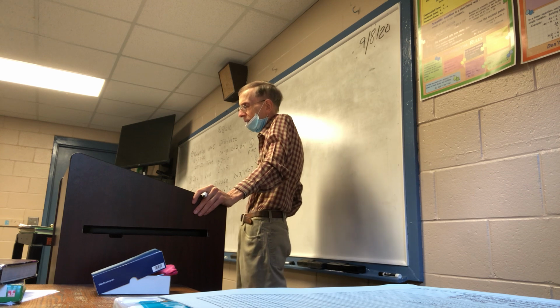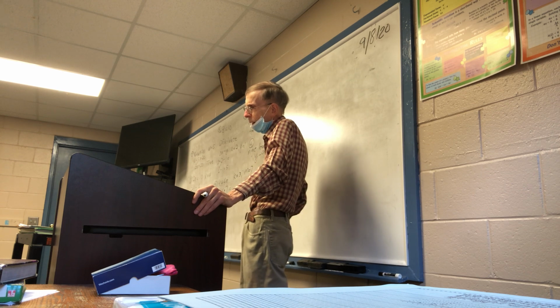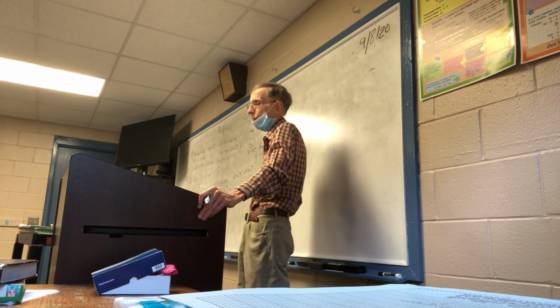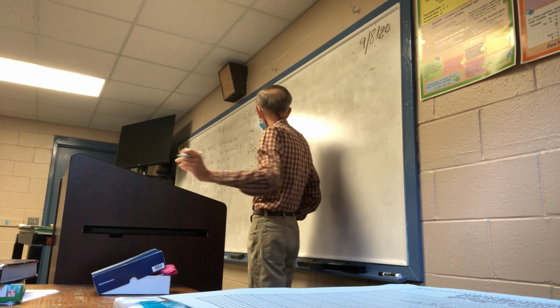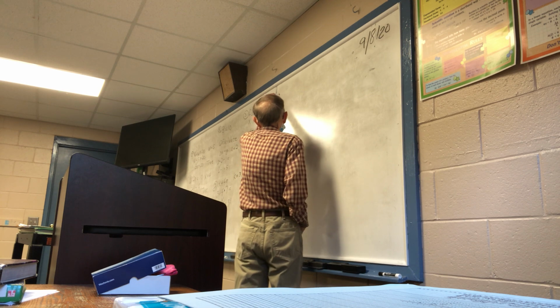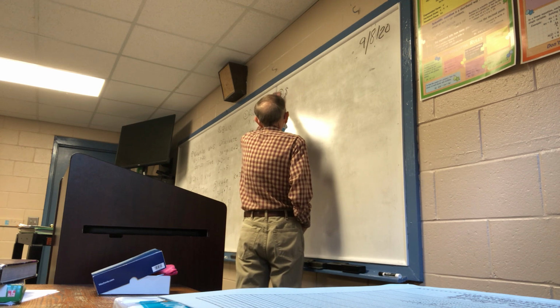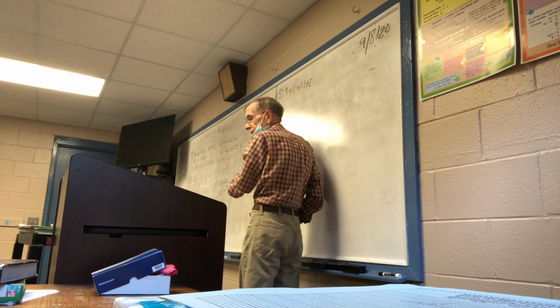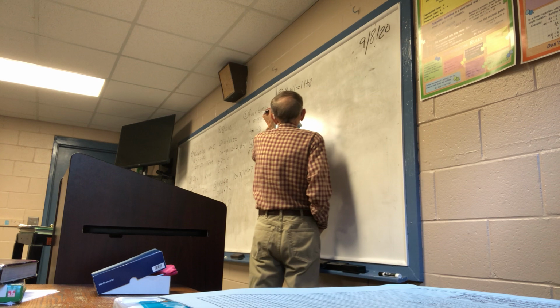Well, the next will be the which property, and on the test you'll circle the correct property for an example, and I'll write this one up here. And let's see, I'll write these down.